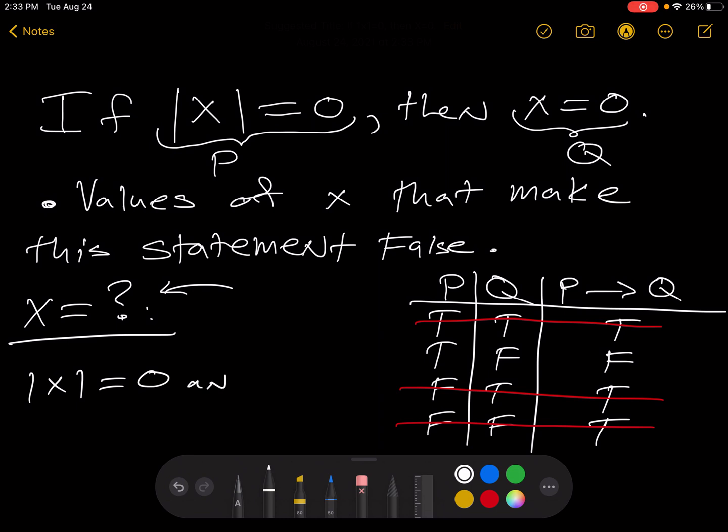So x is not 0. So if we could find a number that made this statement false, then that would mean that that number, whatever it is, was equal to 0. That would mean that its absolute value was equal to 0, and that number was not 0.